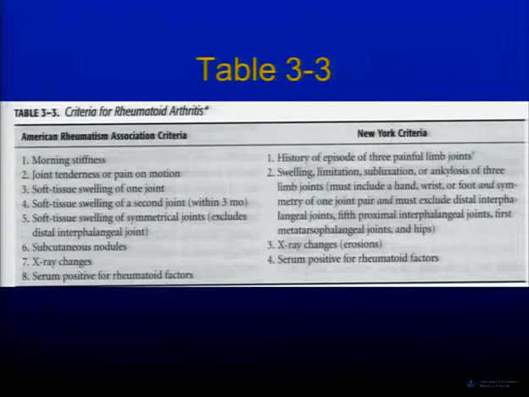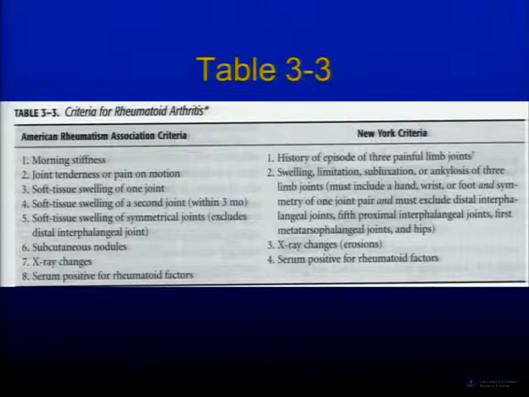So you can see that you don't need to have serum positive for rheumatoid factor, but you can have 5 of these and still be considered to have RA. And it could be a mixture of any 5 of them. Then there's also the New York criteria.